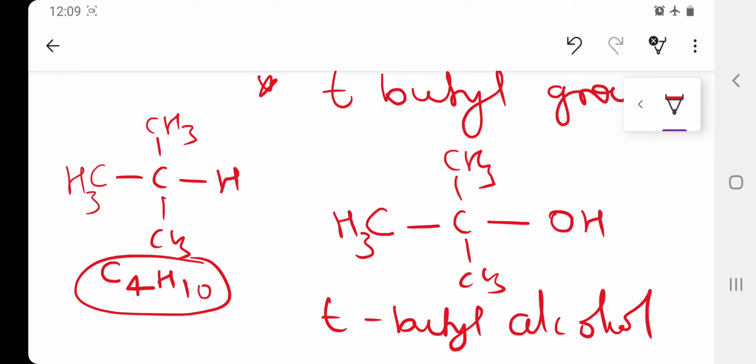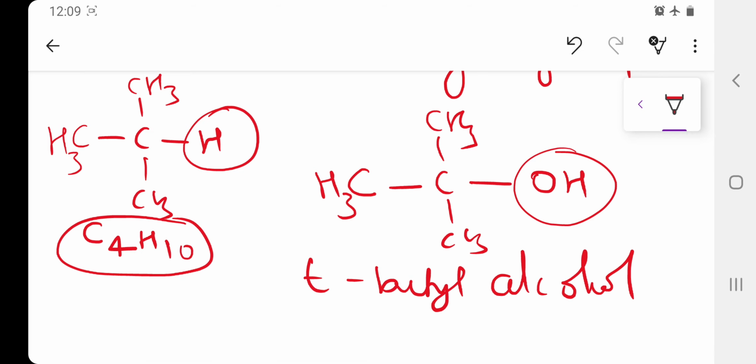Then from this C4H10 I removed one hydrogen and attached the OH group here, so it will be tertiary butyl alcohol. Then why is it called butyl? Because it is made from butane.